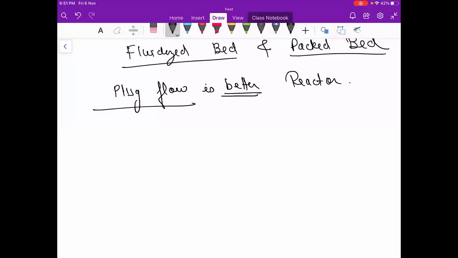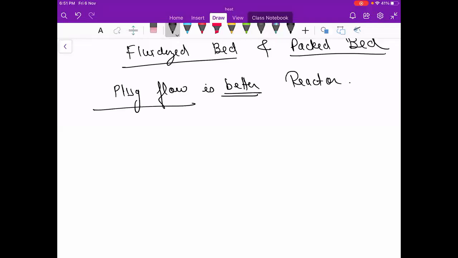In real life it has a lot of complications. And once you make a plug flow reactor, it will be very difficult to control the flow rates, but from an efficiency point of view it is very good. I think I have told some part of this in the CT also.